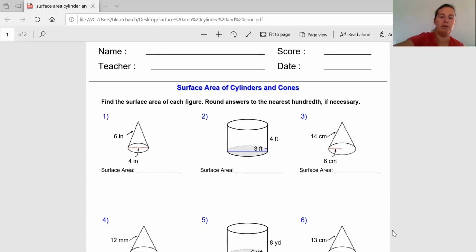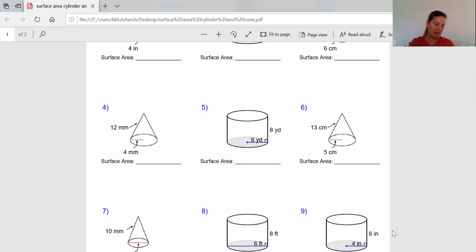Okay, now let's look at number 5. Number 5 is the exact same thing, but notice the difference here. They are giving us the radius this time instead of the diameter. So I'm going to do the same thing. I'm just going to use my formula, which again is 2 pi r h plus 2 pi r squared.